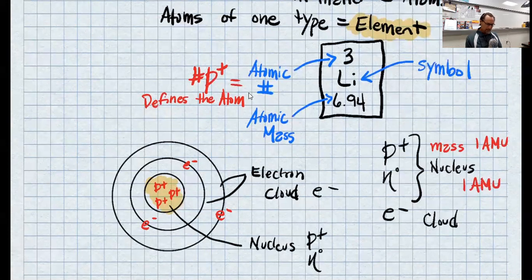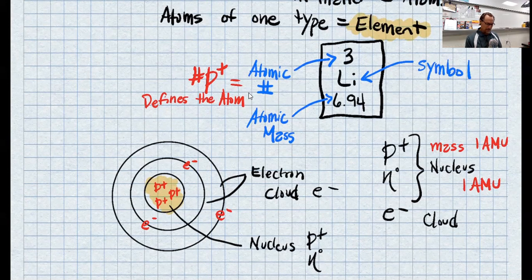So if I have 3 protons, I know now inside of my nucleus that that mass is at least 3. And if I look back at my periodic table tile, I'll see that the atomic mass is on average 6.94, the average mass of those lithium atoms.